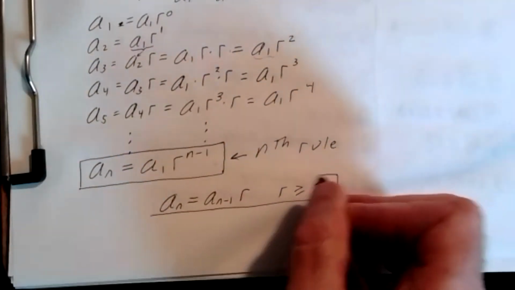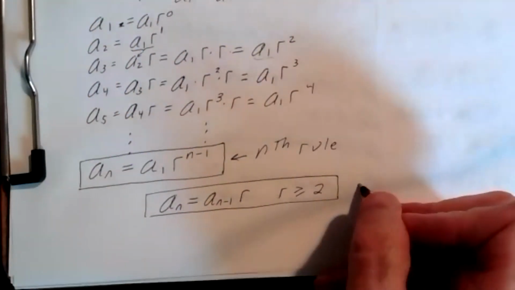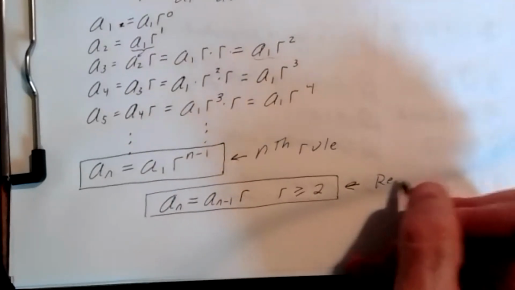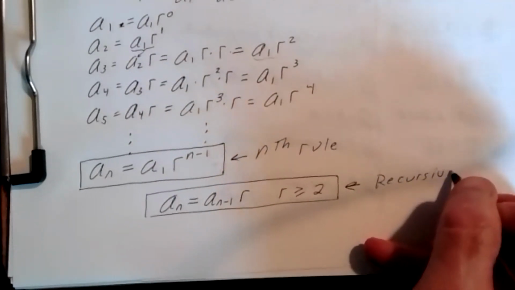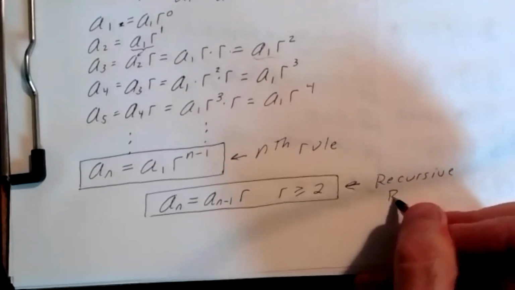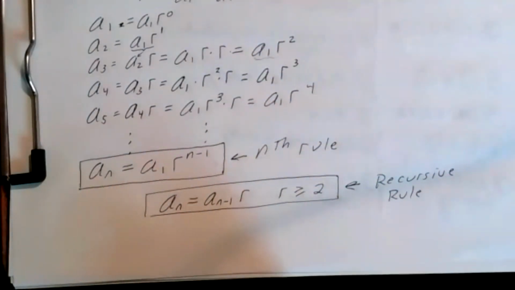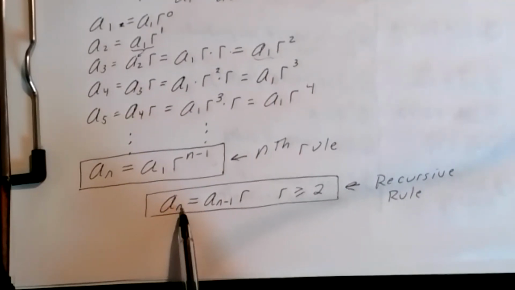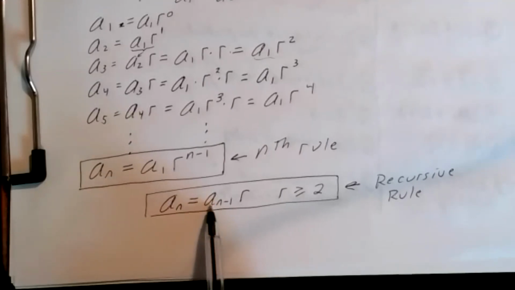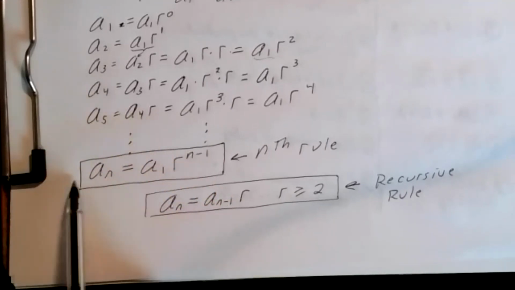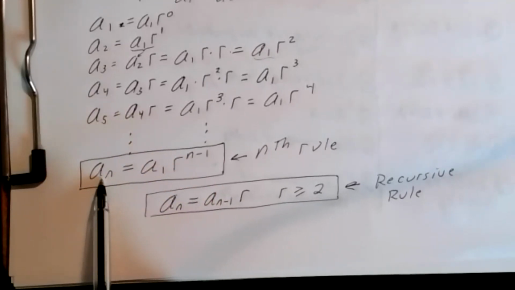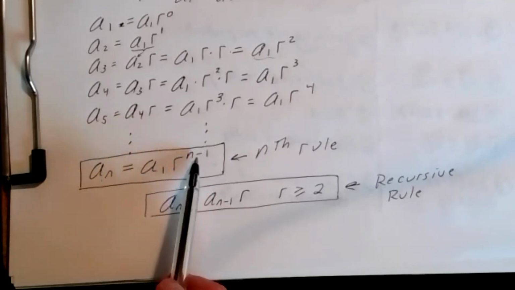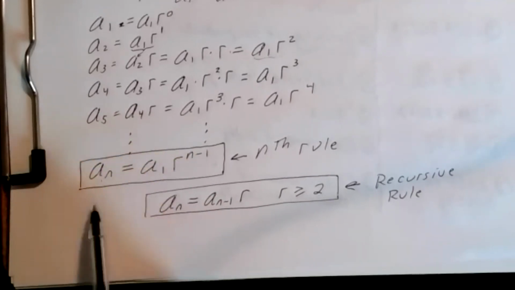This is called a recursive definition for a geometric sequence, or recursive rule, if you will. So notice, in order to find a term using a recursive rule, you always have to revert back to a previous term or previous terms. The nth rule just enables you to plug in the value for n to generate any term of a sequence directly.